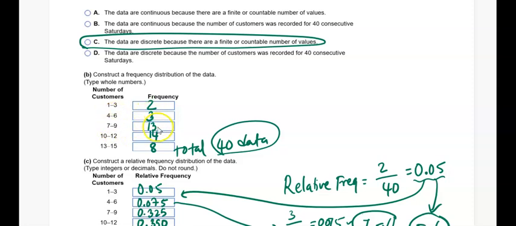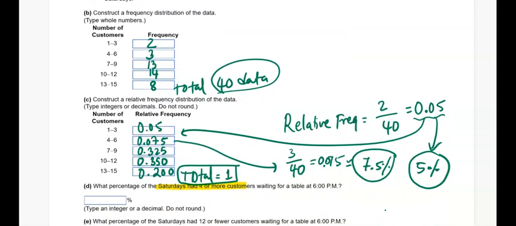In 13 Saturdays, 7 to 9 customers are waiting. Similarly, in 14 Saturdays, 10 to 12 customers are waiting. So 4 or more customers are waiting on how many Saturdays? 3 plus 13 plus 14 plus 8.